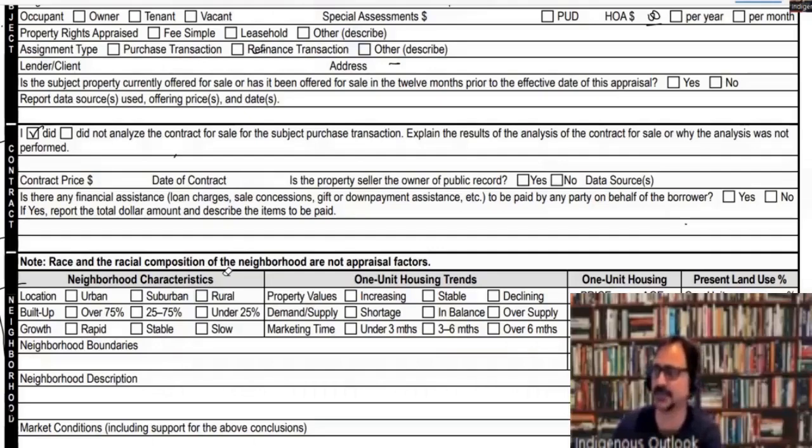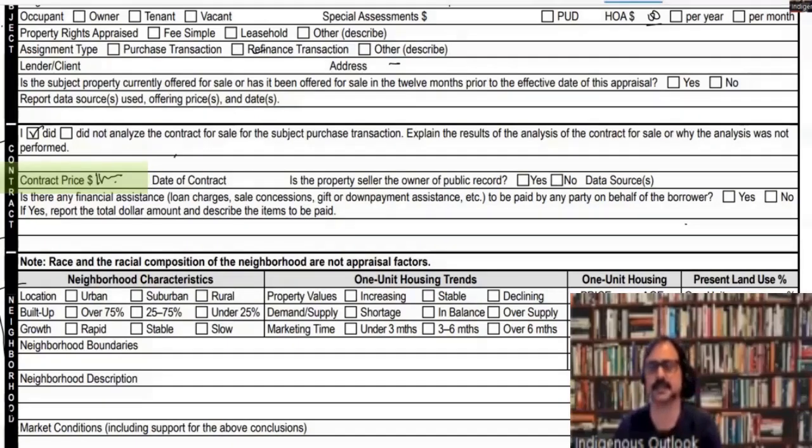That is what the appraiser is going to declare: whether it's a purchase case and whether he received and analyzed the purchase contract. They are going to give us the information that this was the purchase contract they were provided with, and this was the property price. Whatever price is listed on the contract, they are going to write it here, which mostly you can ignore, or you can cross-check against the purchase contract.